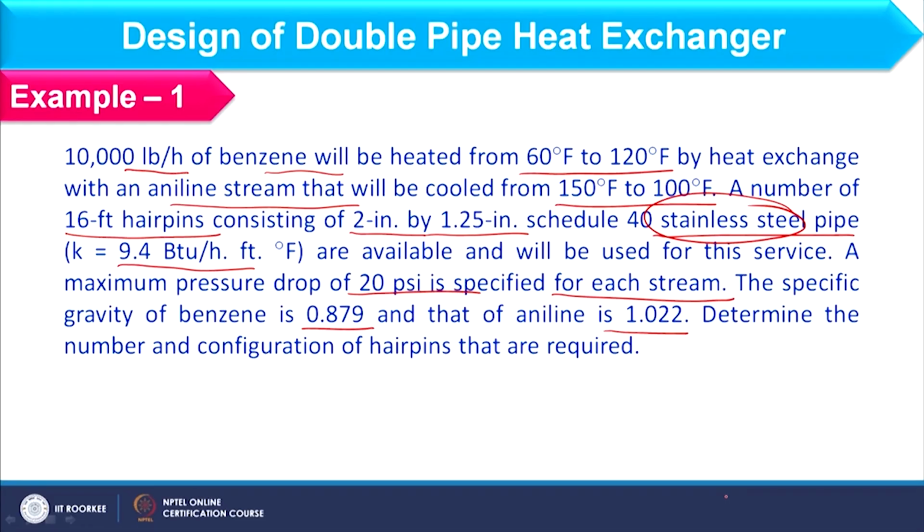Next, we have to determine the number and configuration of hairpins that are required. Here we are going to design the double pipe heat exchanger where we will fix the number of hairpins and the configuration. Configuration means whether it should be operated in series or parallel, which we already discussed in the last lecture.